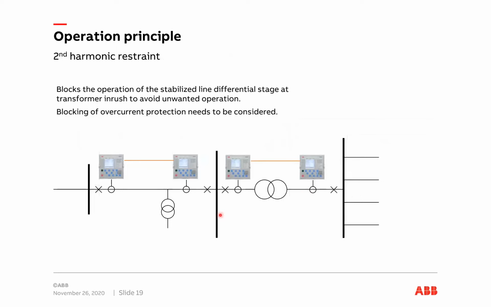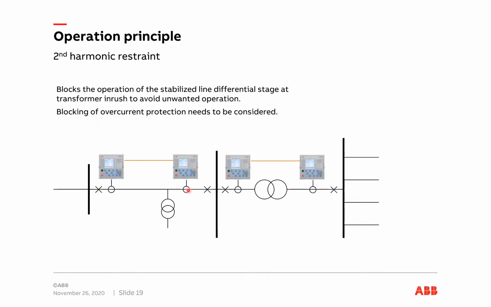Then in case we have an in-zone transformer here, or let's say a tapped load inside the protected zone. Looking now at this part of the network, when we energize this part of the line, the tapped load transformer will draw an inrush current, and this inrush current is only seen in this relay but not in the other one.